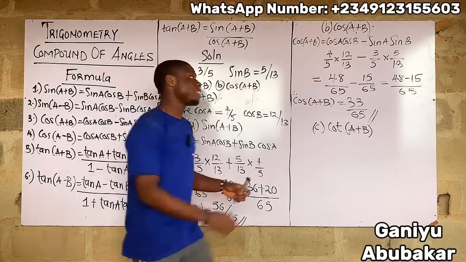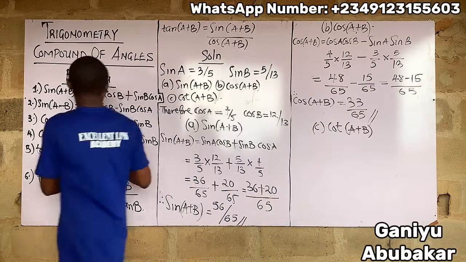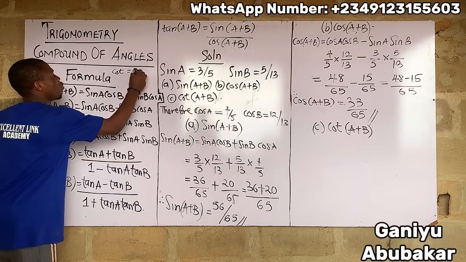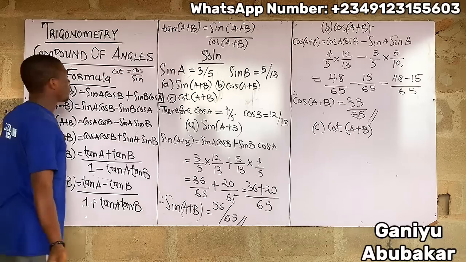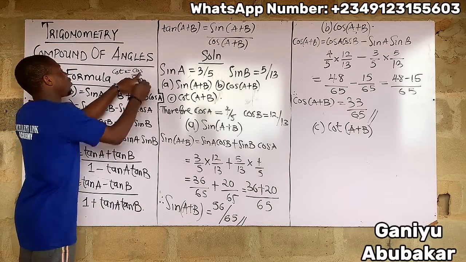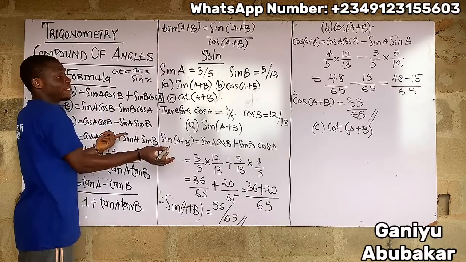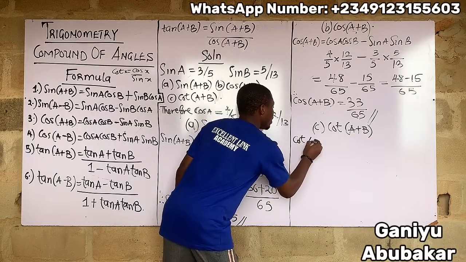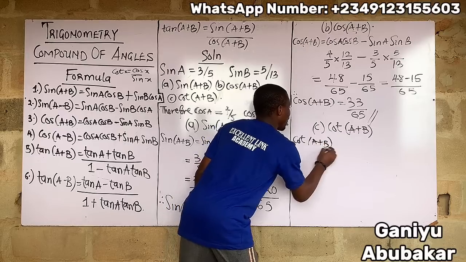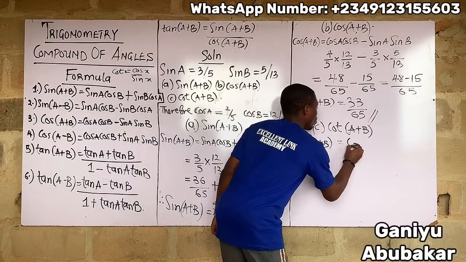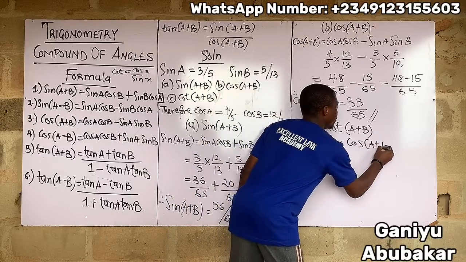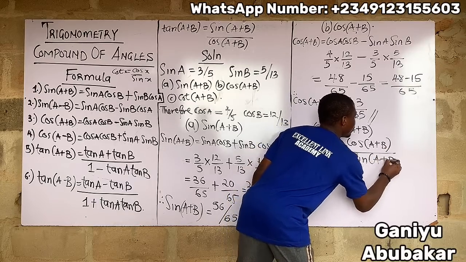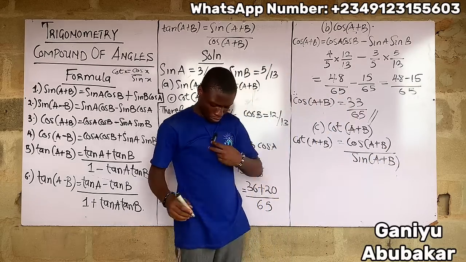What we know is that cot is cos over sine. If I have cot x, it means cos x over sine x. Similarly, cot A plus B can be expressed as cos A plus B all over sine A plus B.